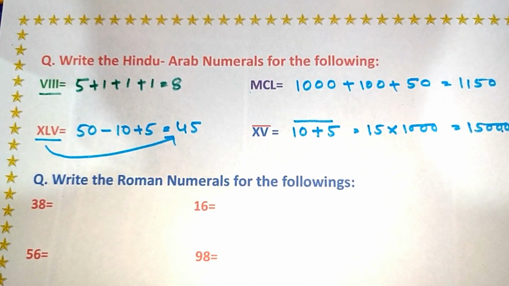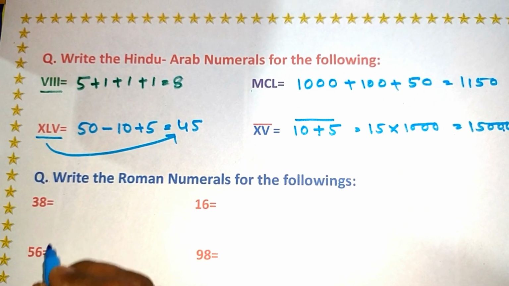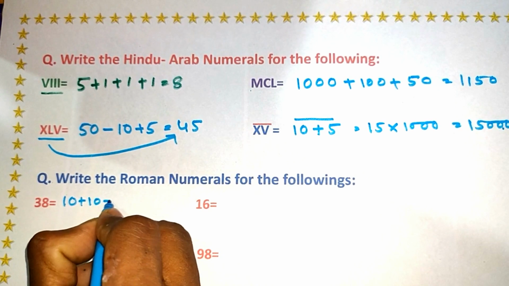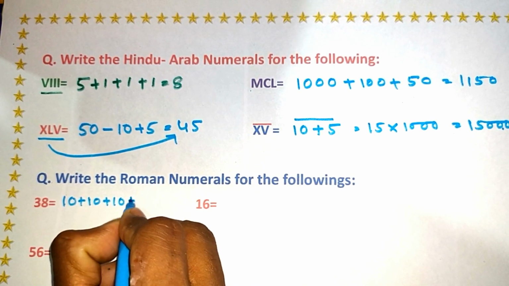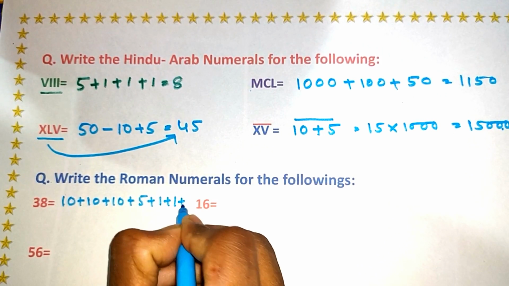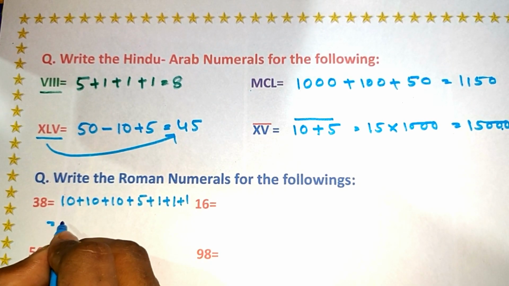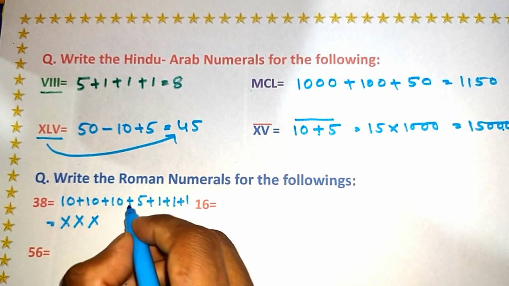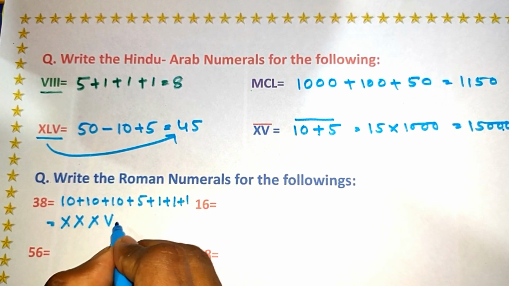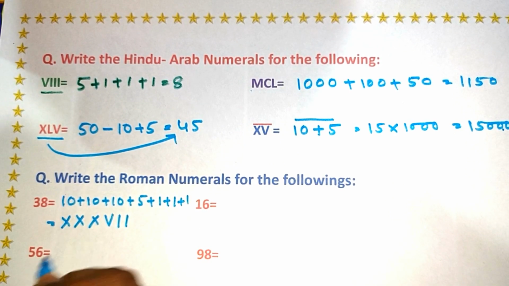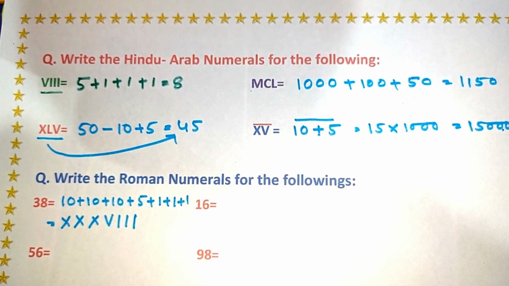Now the last one. Write the Roman numerals for the following. 38. We can write 38 as 10 plus 10 plus 10 plus 5 plus 1 plus 1 plus 1. So for 10, X will come, for this 10, X will come, for this, X will come, for 5, V will come, for 1, I will come, for this 1, I will come, for this 1, I will come.